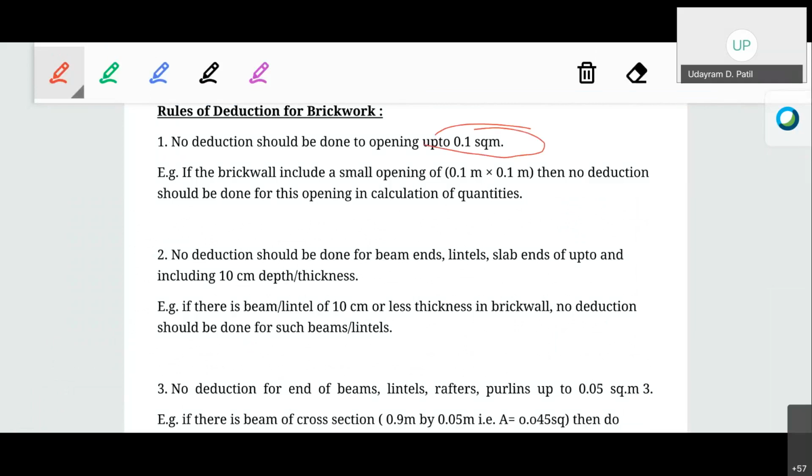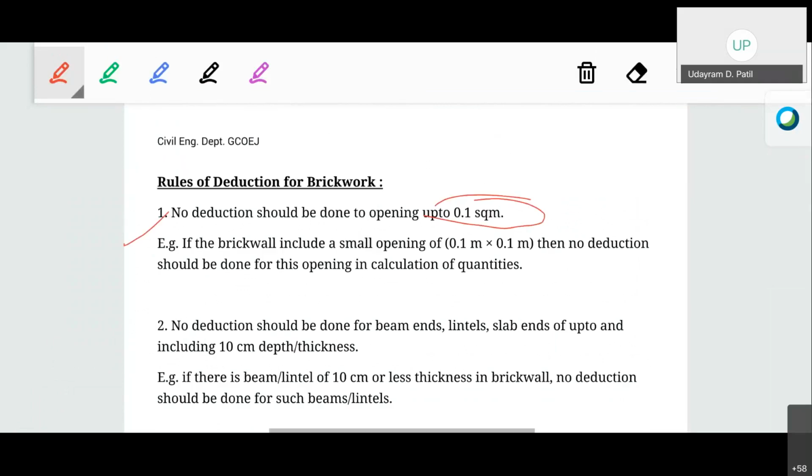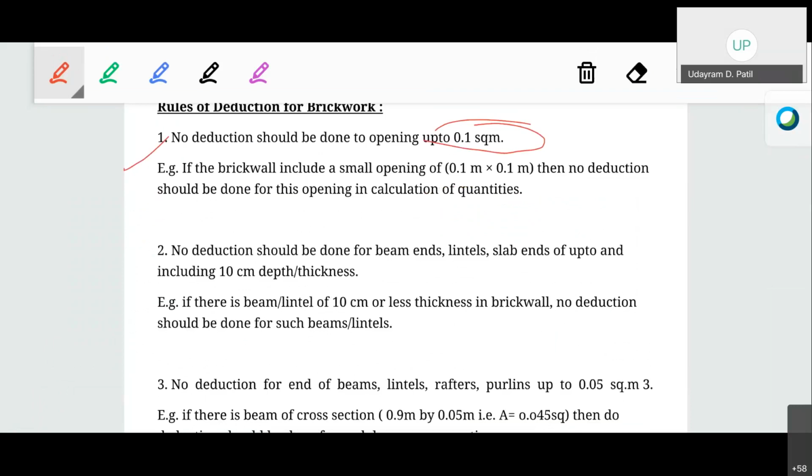As per our example, there is no opening which has an area less than 0.1 square meter. Second, if there are any beam ends or lintels which have a depth less than 10 centimeter. In our particular example, the depth of the lintel is 13 centimeter, and there are no other beam ends or slab ends. So again there will be no deduction for the lintels.